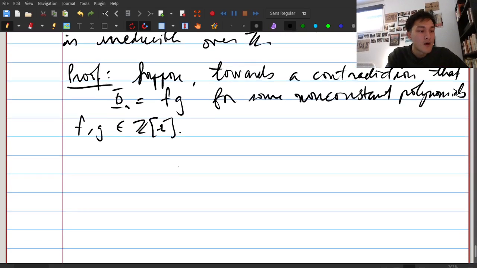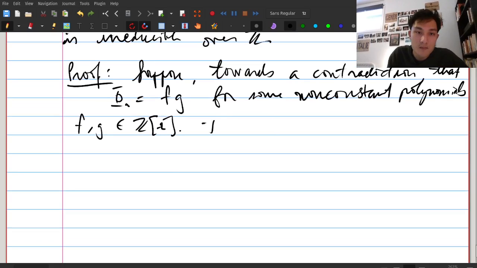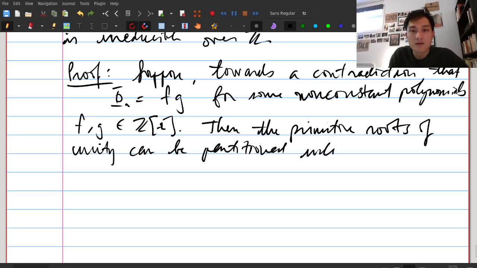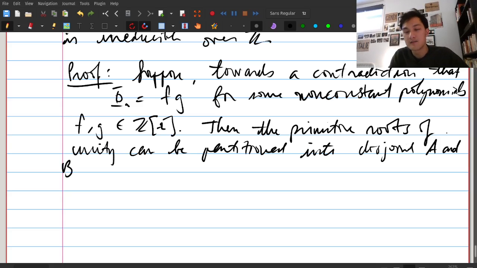Okay. Then what this means is then the primitive roots of unity can be partitioned into disjoint A and B. So all the primitive roots of unity are in either A or B, and they're both non-empty.